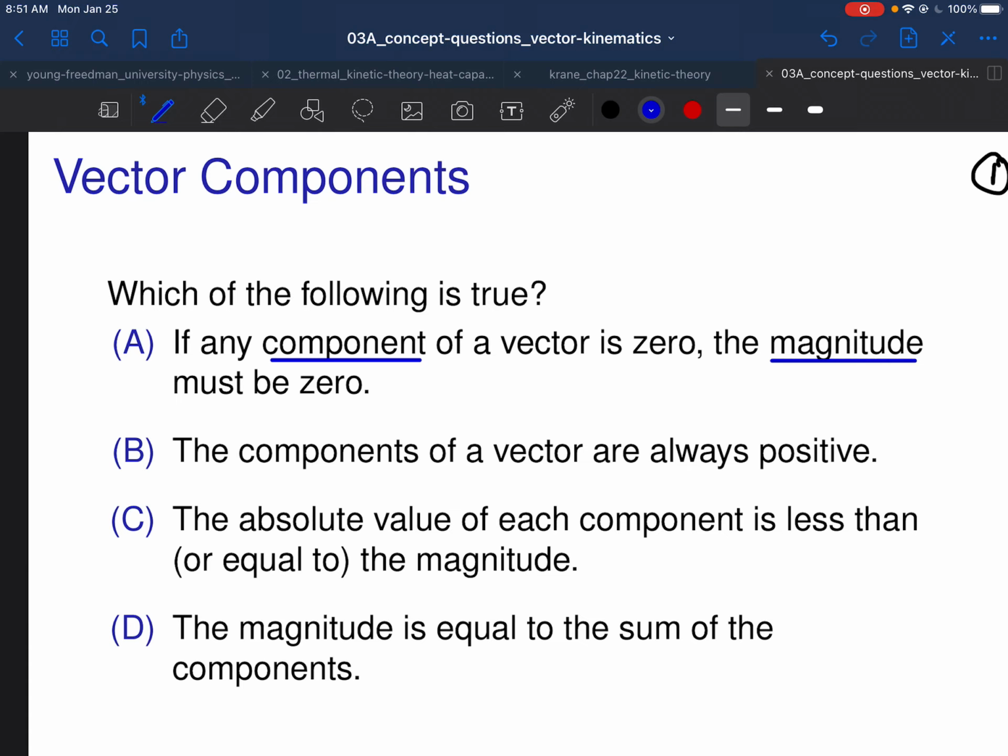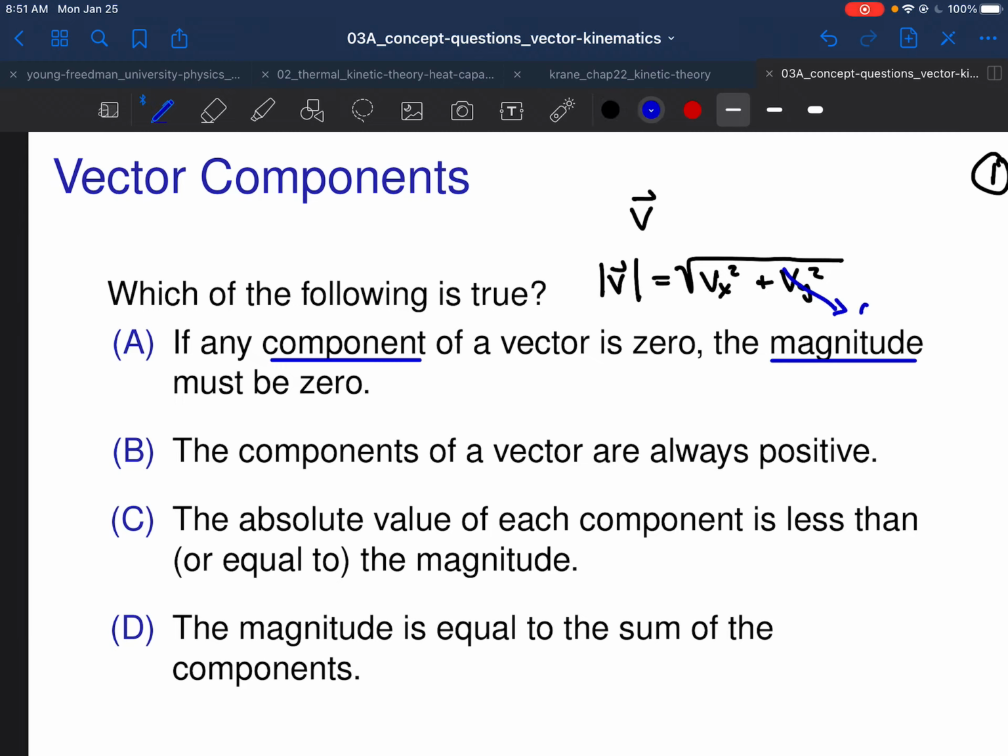And magnitude, that's the length of the vector. And we also know that if you have a vector v, then the magnitude of v given its components is going to be the x component squared plus the y component squared, square rooted, plus z component squared if you're in more dimensions. So is this statement true?